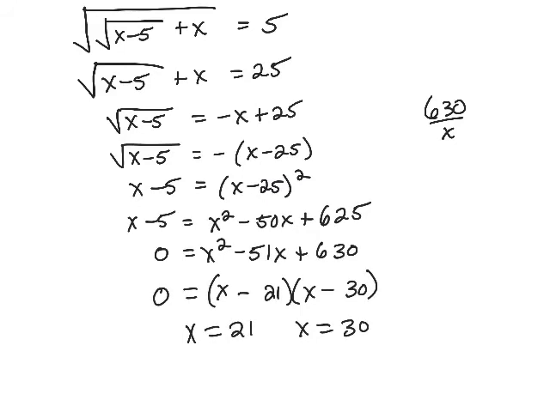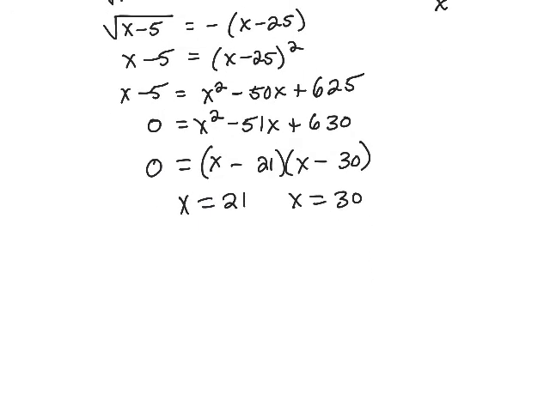So we have to check our answers here, check our solutions. Let's see. If I check, oh, my original was a radical, so radical is actually easier than what you think. 21 minus 5 plus 21, that needs to end up being equal to 5. 21 minus 5 is 16.